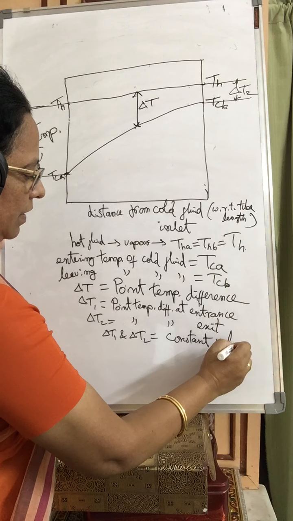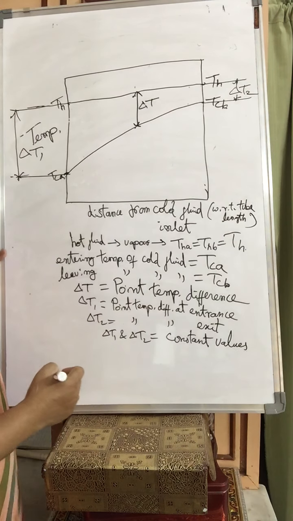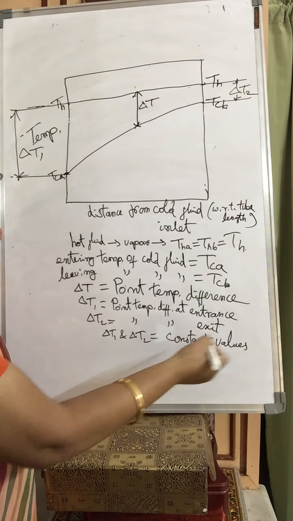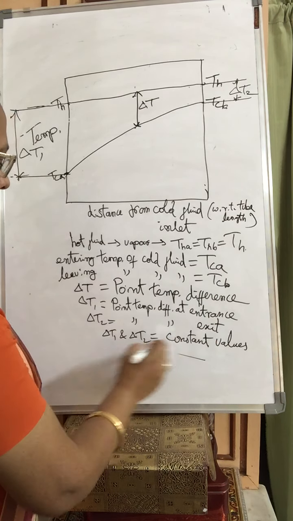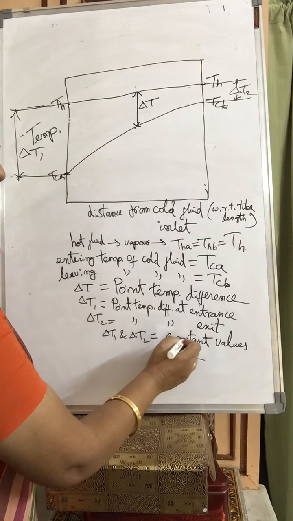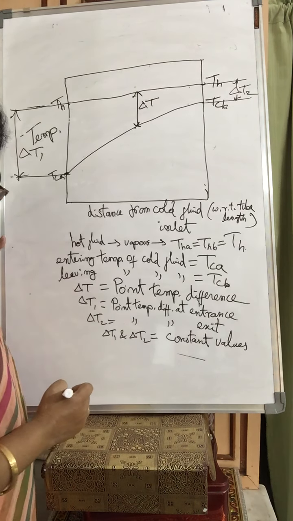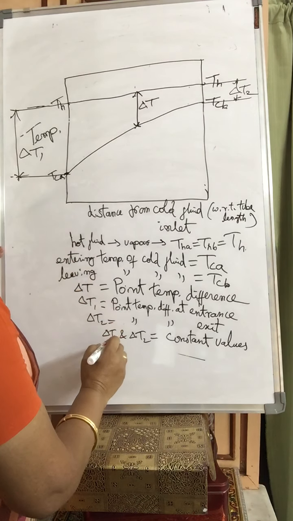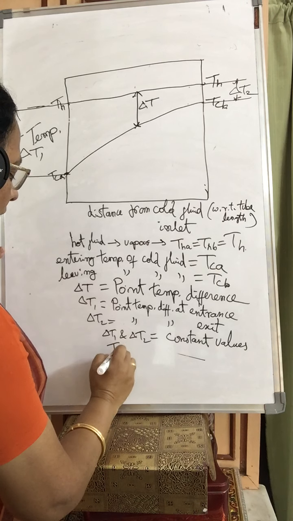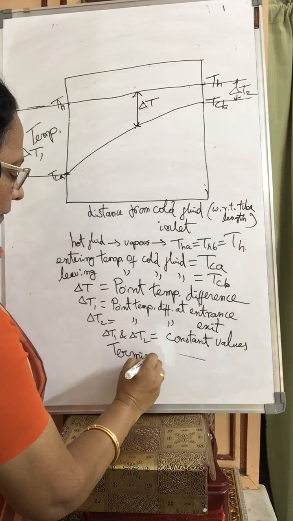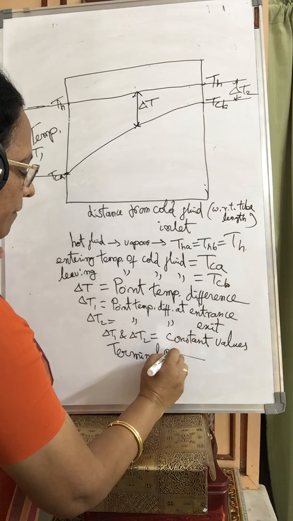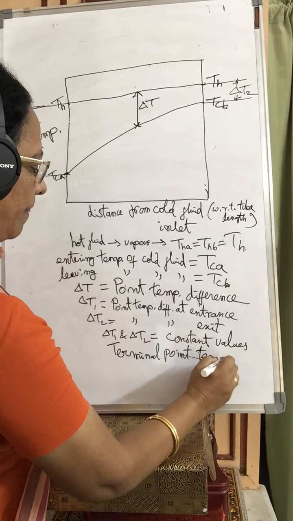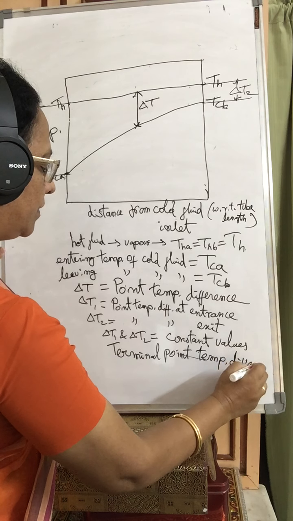Constant values, I told you in the beginning. I am recording it separately. So delta T1 and delta T2 are constant values. These constant values are called terminal point temperature differences.